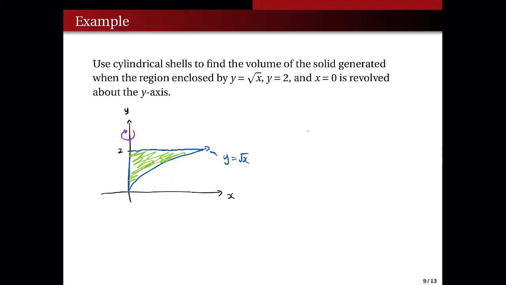Now, of course, for this, you can easily use the method of disks, and the solution is easy also.